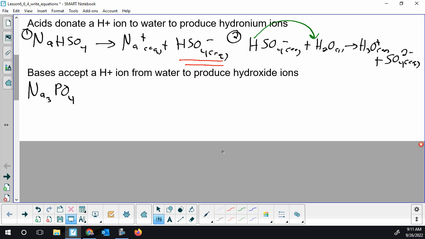So I have some spectator ion, positive ion to go with the phosphate. So we have Na3PO4. You put that into water. It's going to dissociate. This is why we had to learn about dissociation first. Okay. We're going to get 3 sodium ions and a phosphate ion.